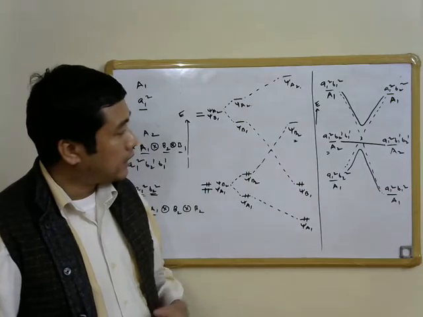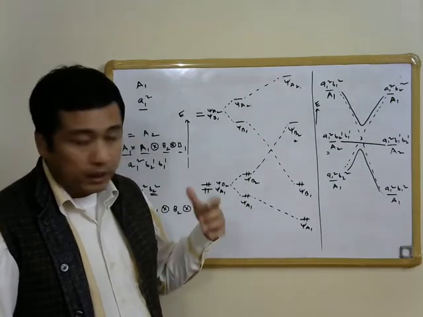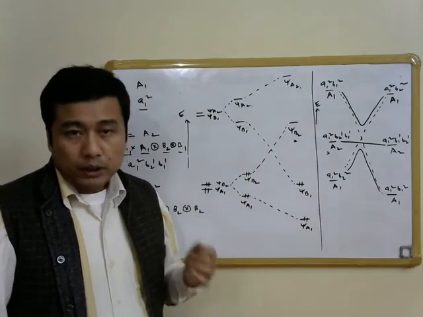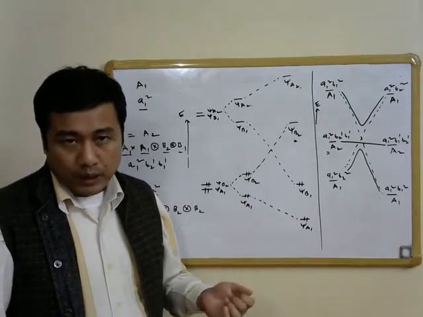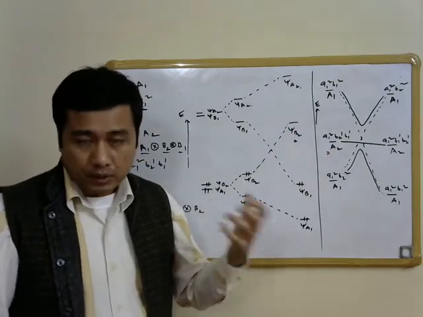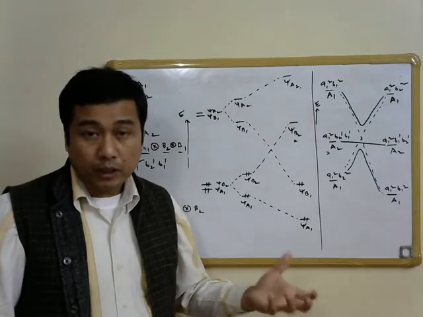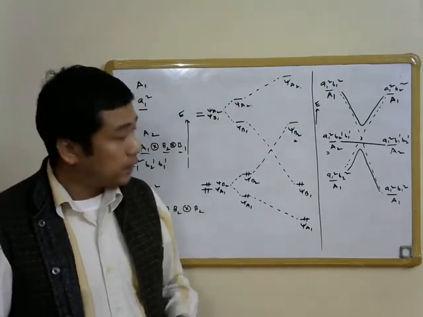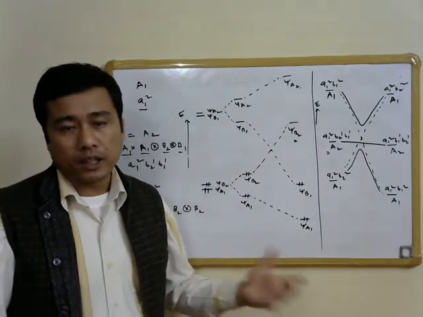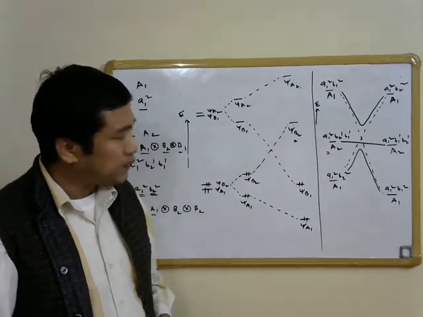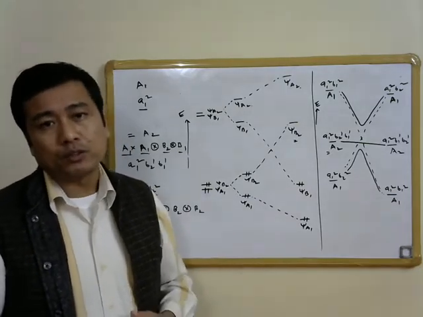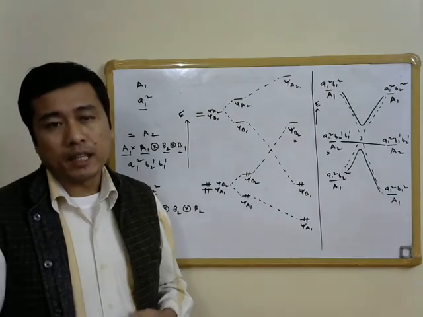We could also understand that the reaction is feasible if the reacting system is in the first excited state, which gives the cyclobutane molecule in the first excited state, because the first excited state in the reacting system correlates with the first excited state in the product. This is the reason why the 2 plus 2 cycloaddition reaction, or the dimerization of olefin, is a photochemically allowed reaction.